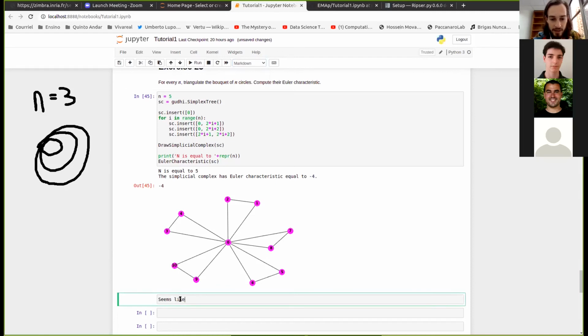Seems like the Euler characteristic of the bouquet of n circles is 1 minus n.